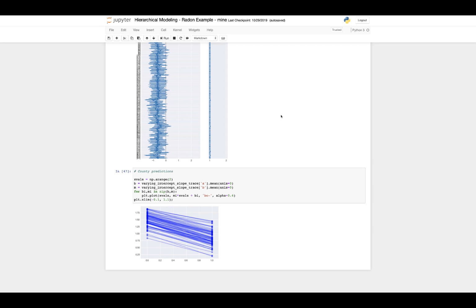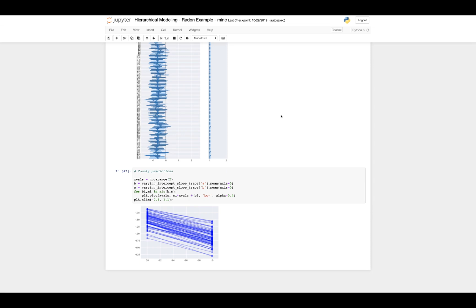And we're quite a bit more trusting in these results, because we've used the data from all points to help represent what might be happening in those counties with very few data points. So it's as if we're imputing the missing data that we have in those counties to derive better estimates of what their predictions might be.